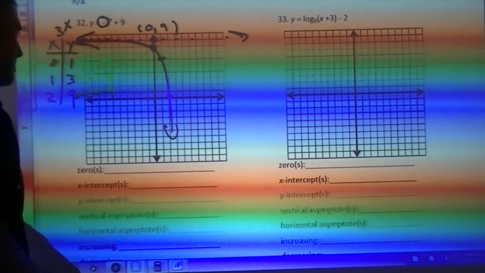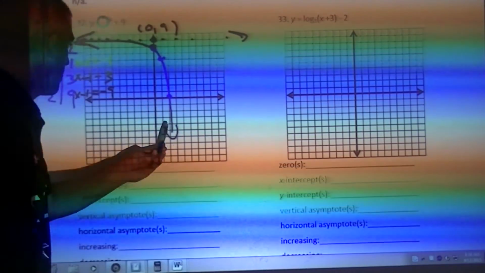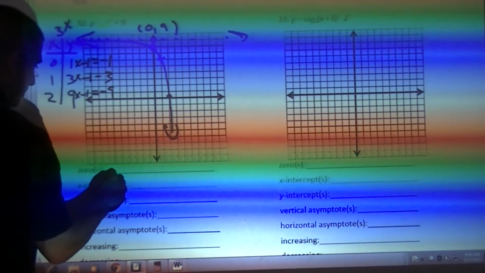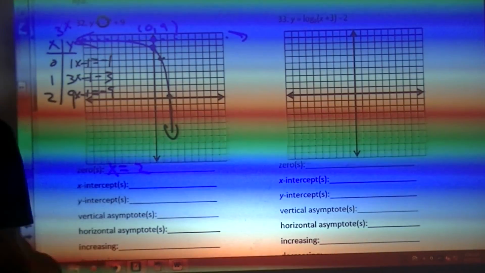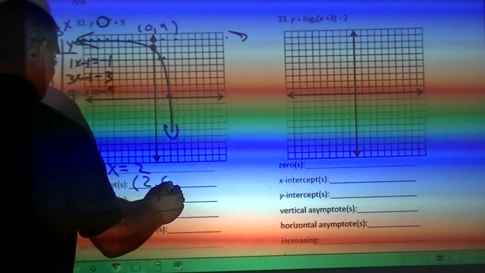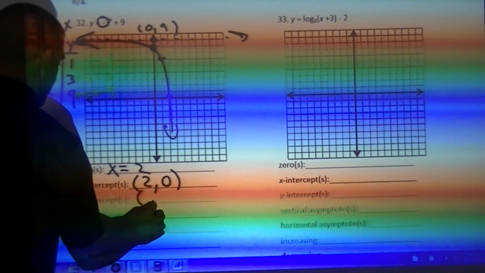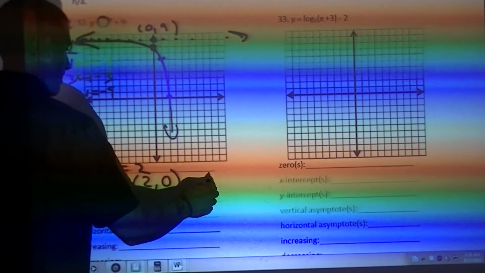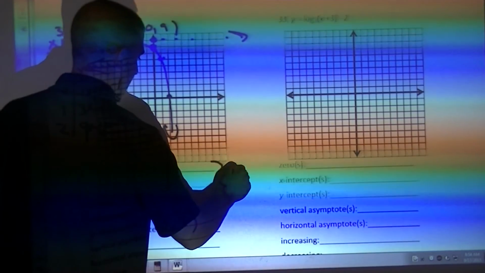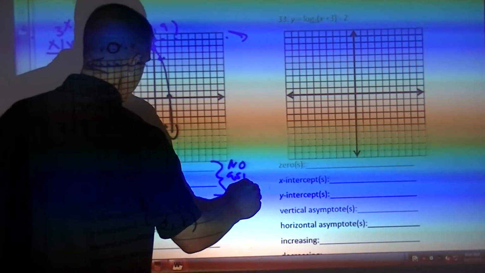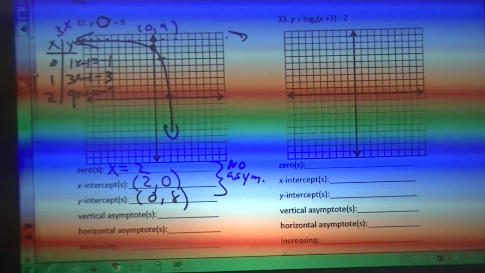Now, the zeros, where does it cross the x-axis? 2, 0. So x equals 2. That would be 2 comma 0. The y-intercept, that's right here. That's at 0, 8. Very important. These, no asymptote. Do not include the asymptote in that. It's not involved with that.